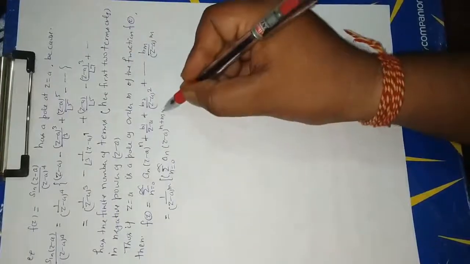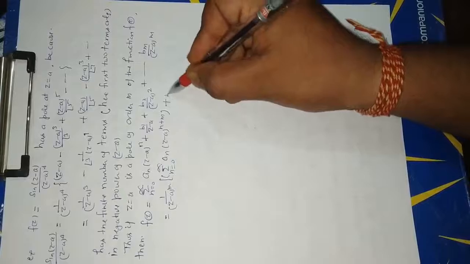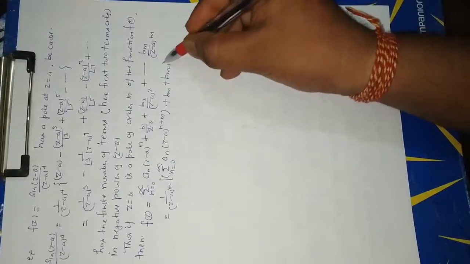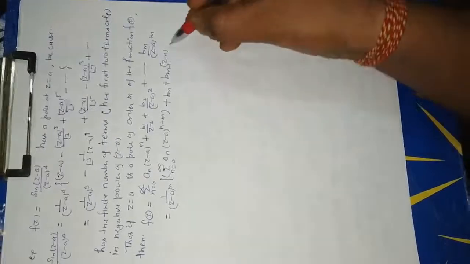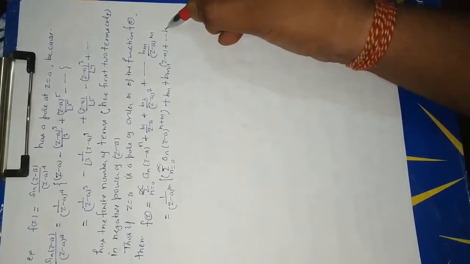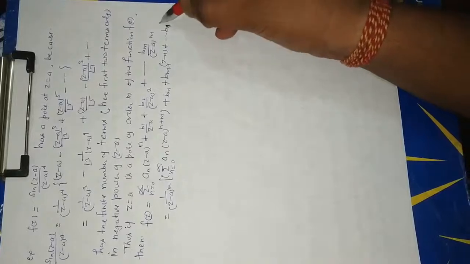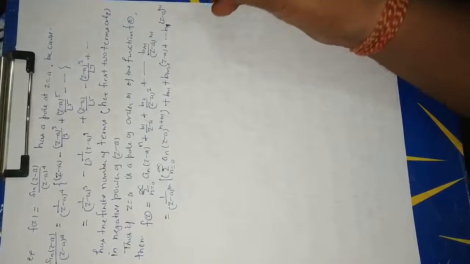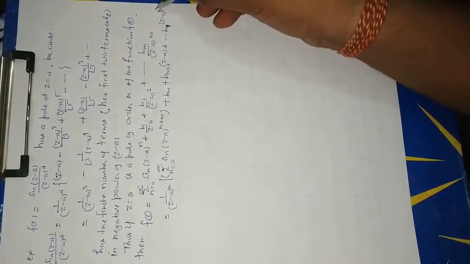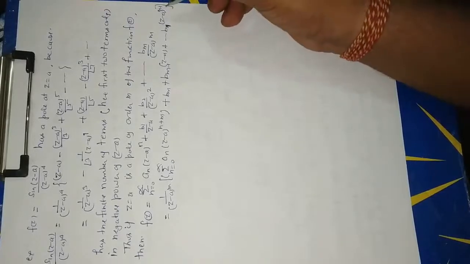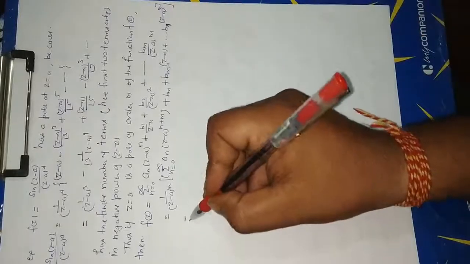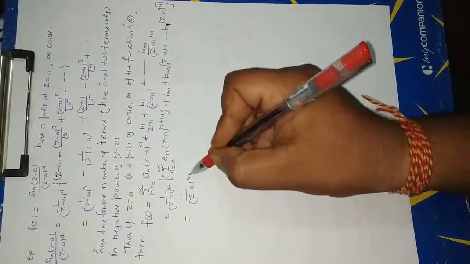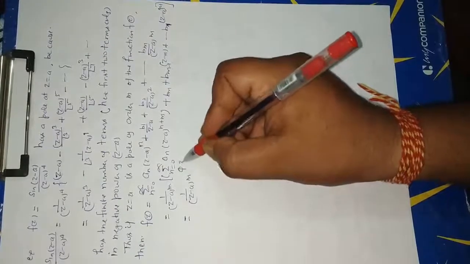Okay, plus b_(m minus 1) (z minus a) plus up to b1 (z minus a) whole power m minus 1, bracket close. Now it can be written as 1 upon (z minus a) whole power m times phi(z).